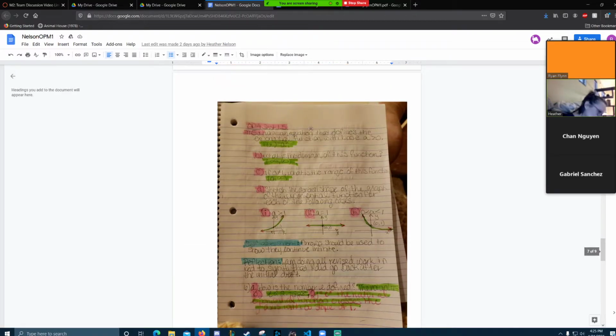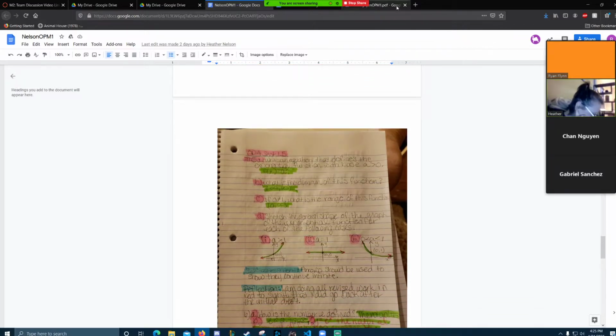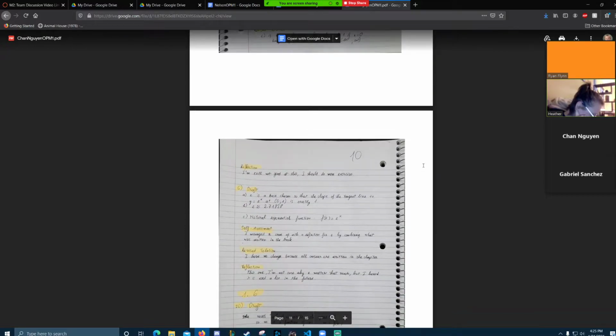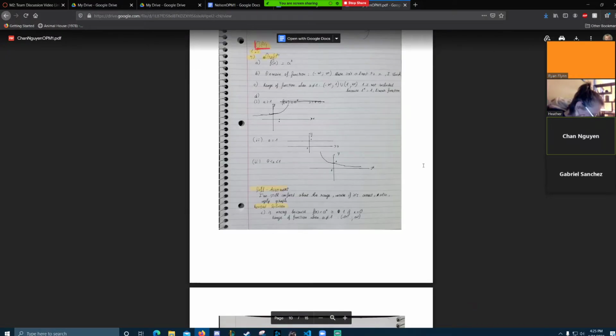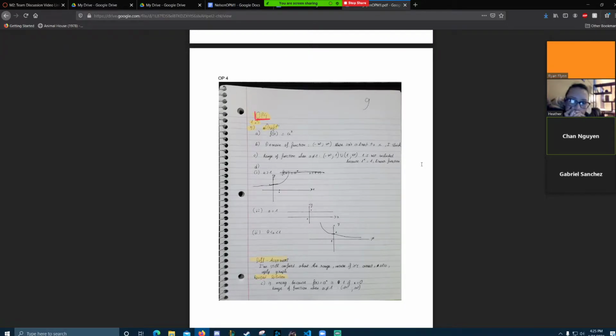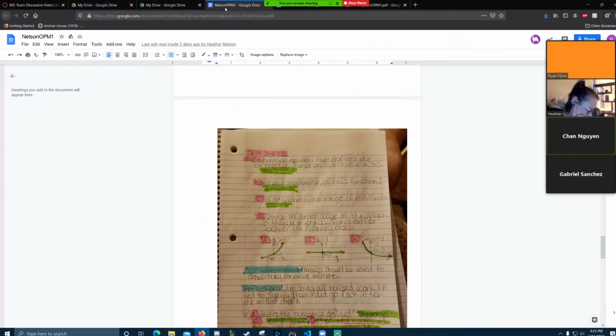It's on page 9. Yep, right there. So the equation I got was f of x equals a to the x.